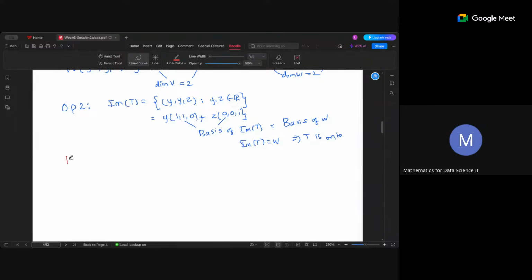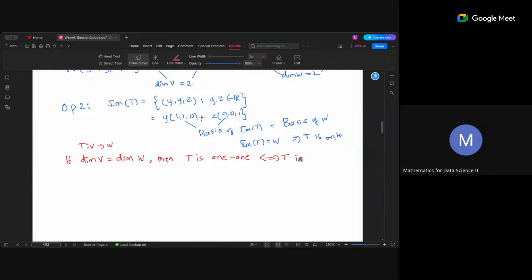What is that result? If T is from V to W, and if dimension of V is equal to dimension of W, then T is 1 to 1 if and only if, can you complete the statement?